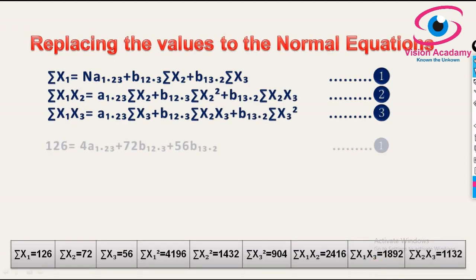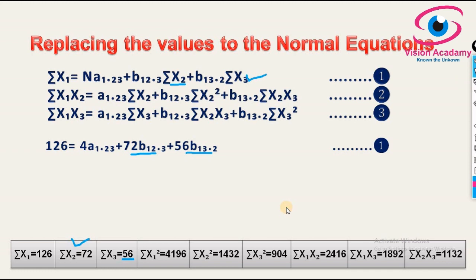When I replace that, n is 4, summation x2 is 72 with b12.3, and summation x3 is 56, so 56 b13.2.